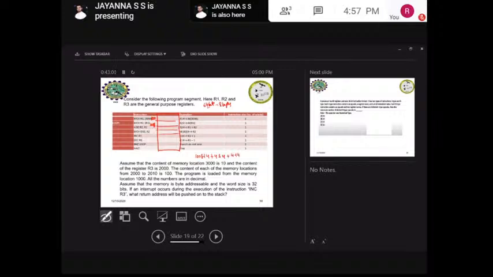Next one, the branch instruction, takes 2 words, so 8 bytes. When you add all these memory locations, you will get 1024. At this point it is 1020. The next one is 1024.